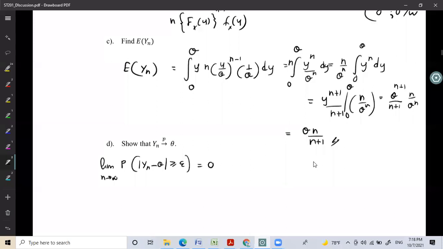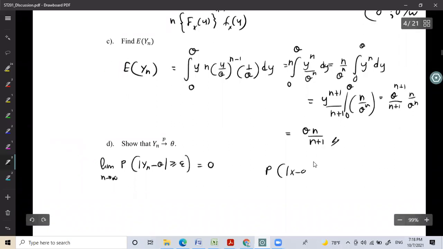Now in this case, theta is not the expectation. So in this one, you can use the Chebyshev inequality, the usual one, because theta is a number, right? Theta is a number.